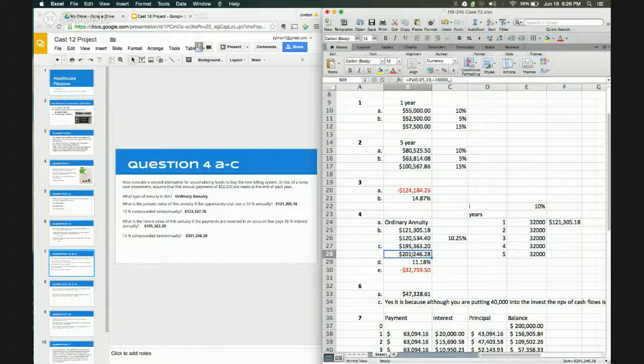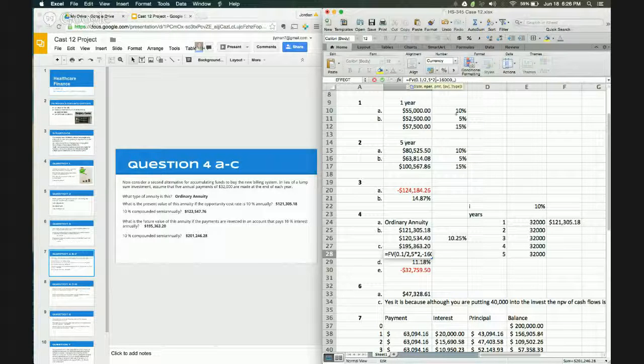And it asks the same question as far as what happens if the 10% is compounded semi-annually. So if we come over here and look at the function, you can see that the percentage and the number of periods are different. The reason is, I'll show you what we did. We had the 10% interest rate, but we divided that by 2 due to the fact that it's compounding semi-annually, and then we multiplied the number of periods by 2.